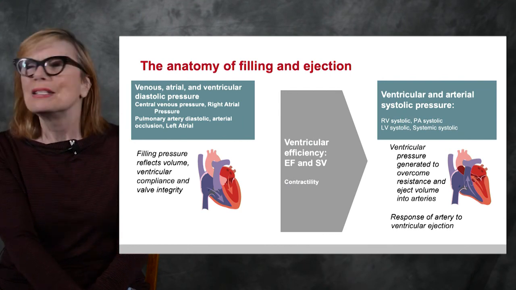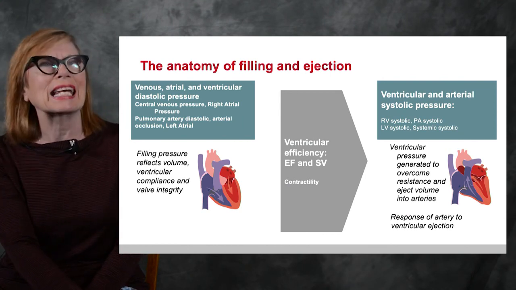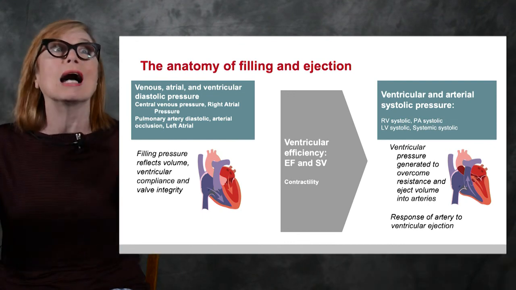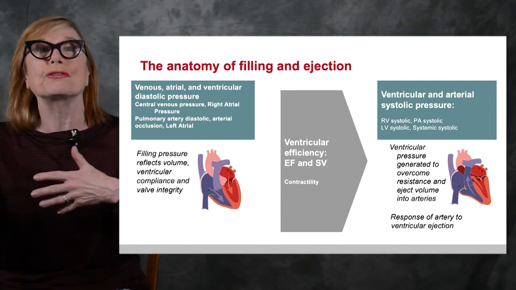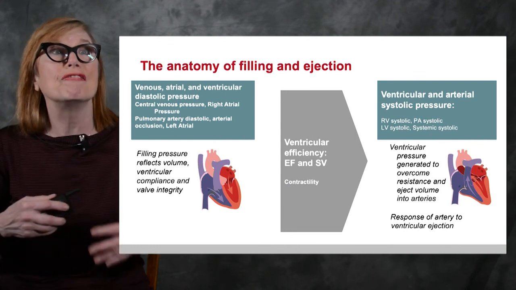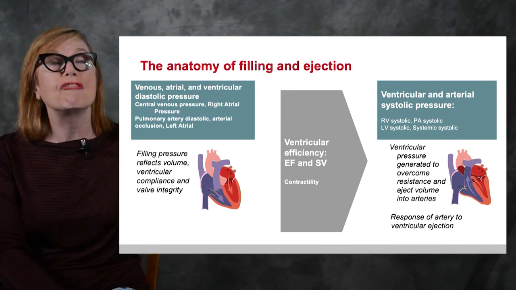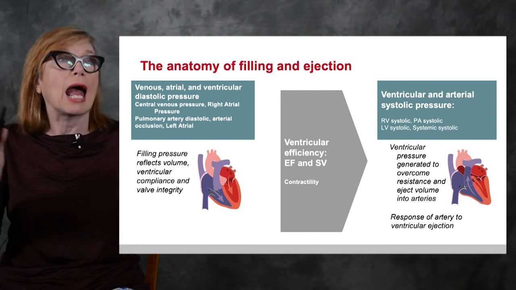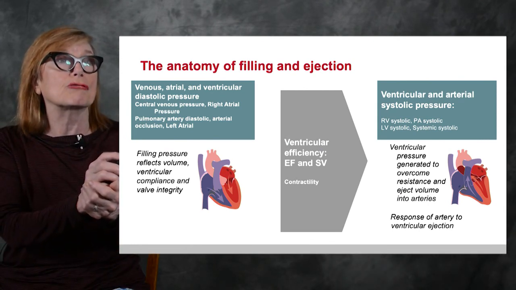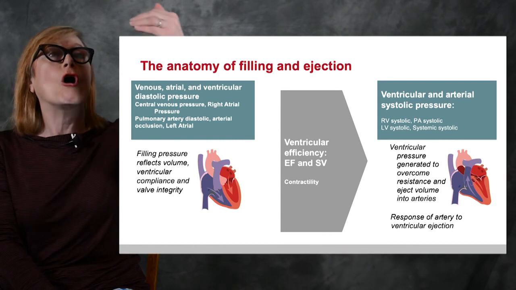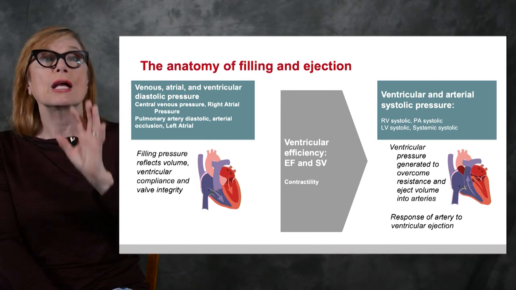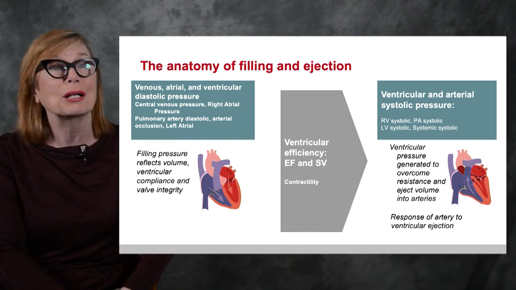Okay, so when we talk about the anatomy of filling and ejection, always really important to remind ourselves you must fill your ventricle in order to have an ejection. It's a very important concept. Fill the ventricle. Optimize the filling, and through the property of myocardial contraction, your myocardium will overcome the resistance at the valve and into the arteries in order to bolus blood out into the artery.